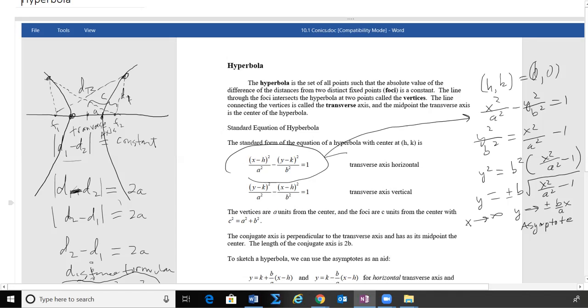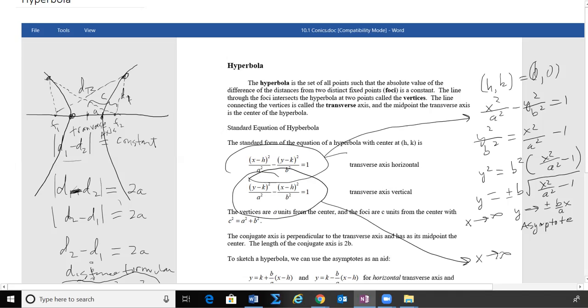If we solve it the other way around, in other words, if we have the transverse axis being vertical, which is what we have right now in this example, you're going to find that as x goes to plus or minus infinity, y will be heading to plus or minus a x over b.